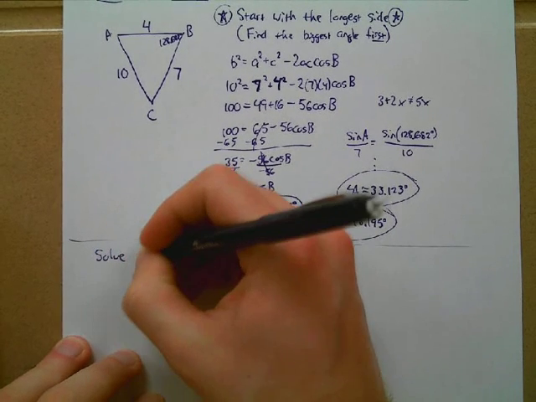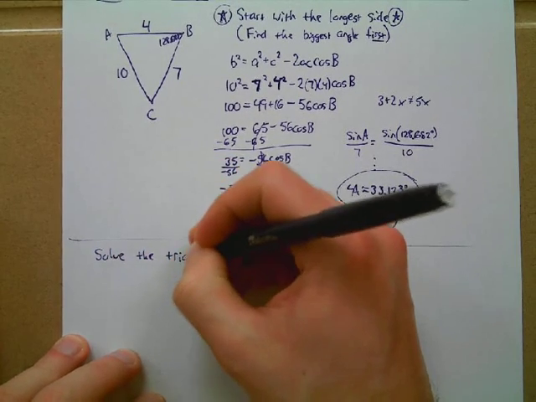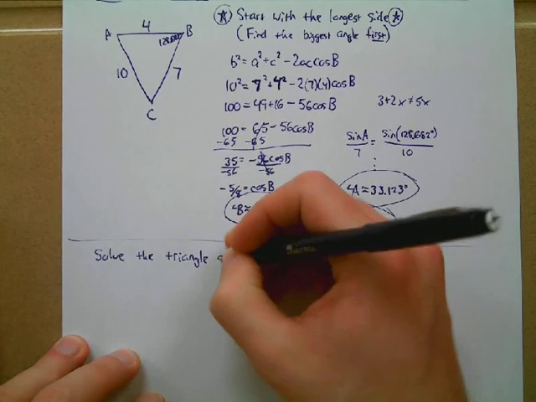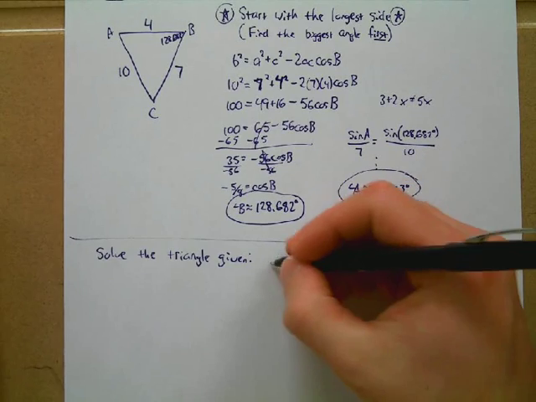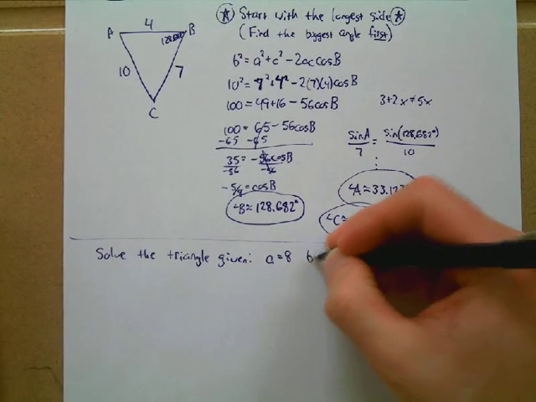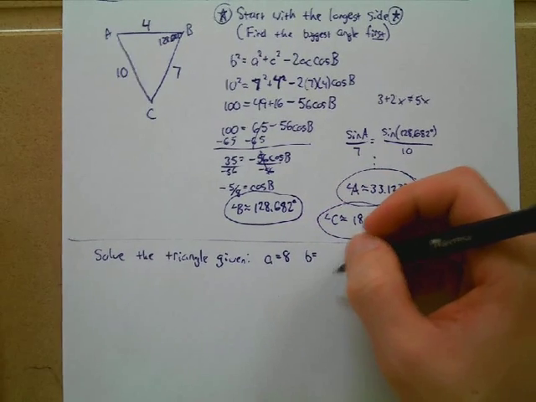So we're going to solve the triangle given that A is 8, B is 19, and C is 14. Solve the triangle given that A is 8, B is 19, C is 14.